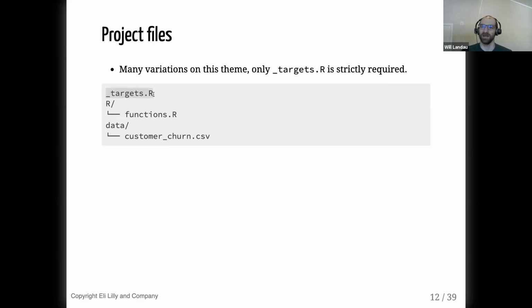But most workflows are going to have this special targets file to define the pipeline, and the other files that are referenced from targets.R are up to you. So we have one or more scripts with functions. There aren't very many functions, so I threw them all in a script, but you can divide them over multiple scripts, and likewise with the data.